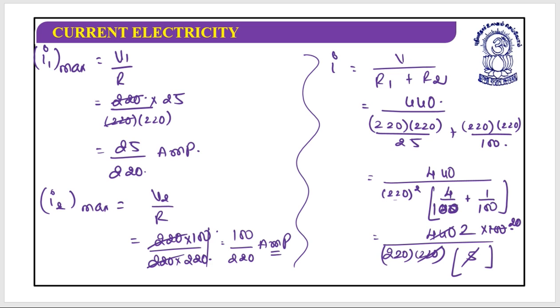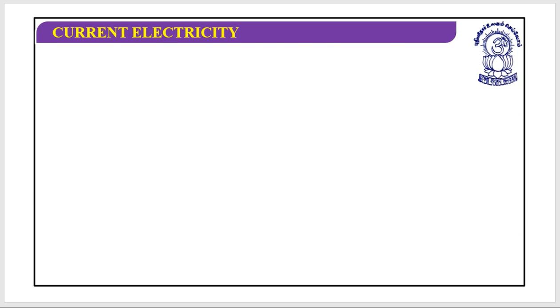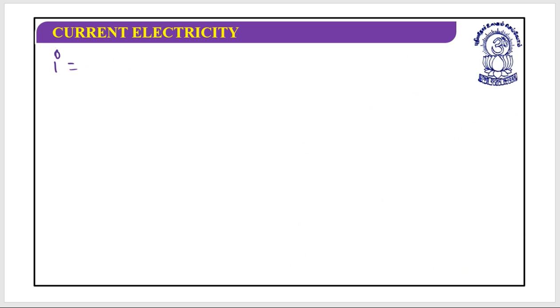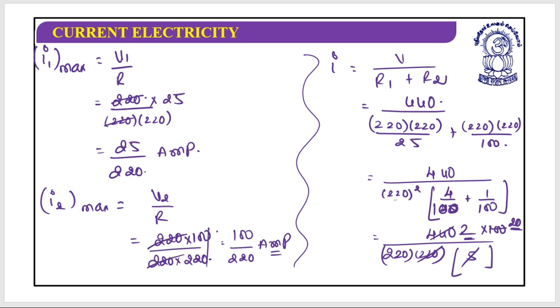So I is equal to 440 divided by 220 square into 20, and here 2 would be there. This is equal to 40 divided by 220 ampere. This is the current that has been passing through the circuit.